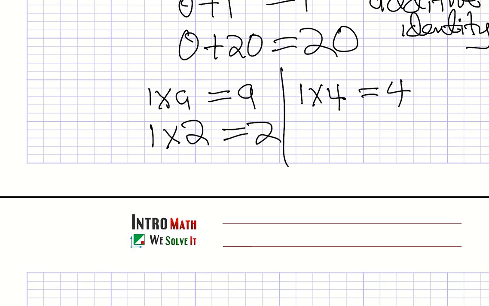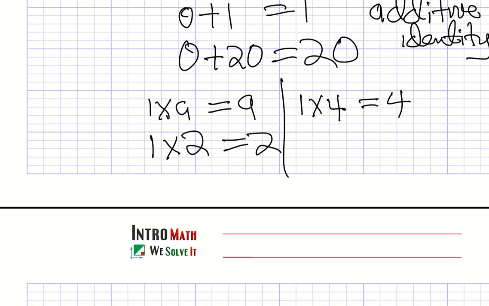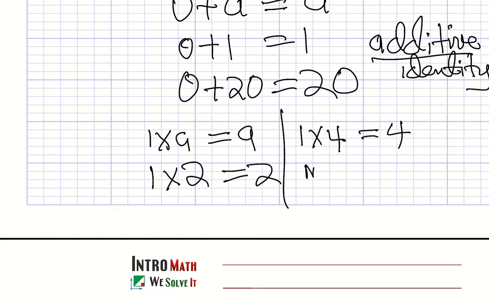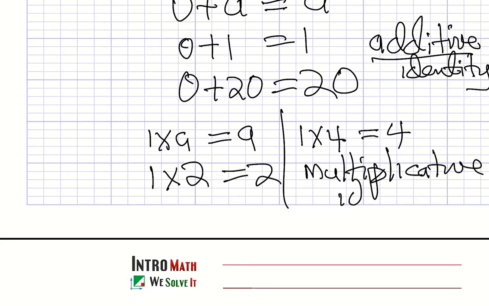In this case, they say 1 is the multiplicative identity. It has to do with multiplication. 0 has to do with addition, right? Let me write that. A multiplicative identity. That's what that is called. Okay? So I want to get that out of the way.